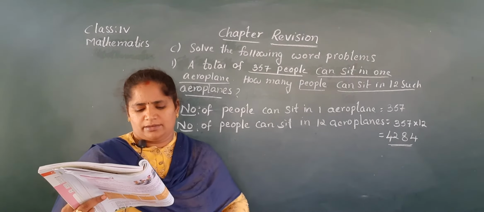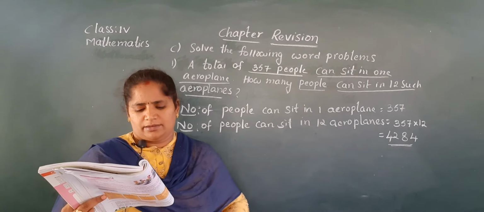And next we'll write same: amount received per day, number of days in April. Can you rub this one, children? Amount received per day. Next to B. Amount received per day, 450 rupees.